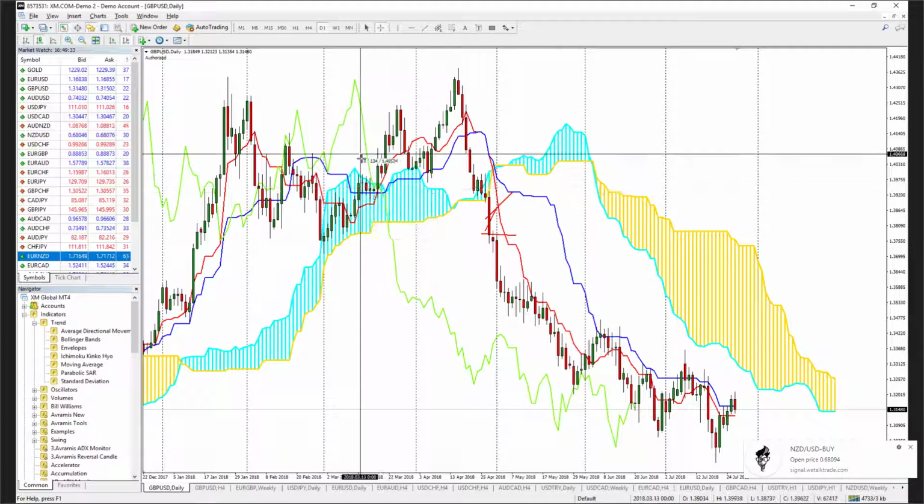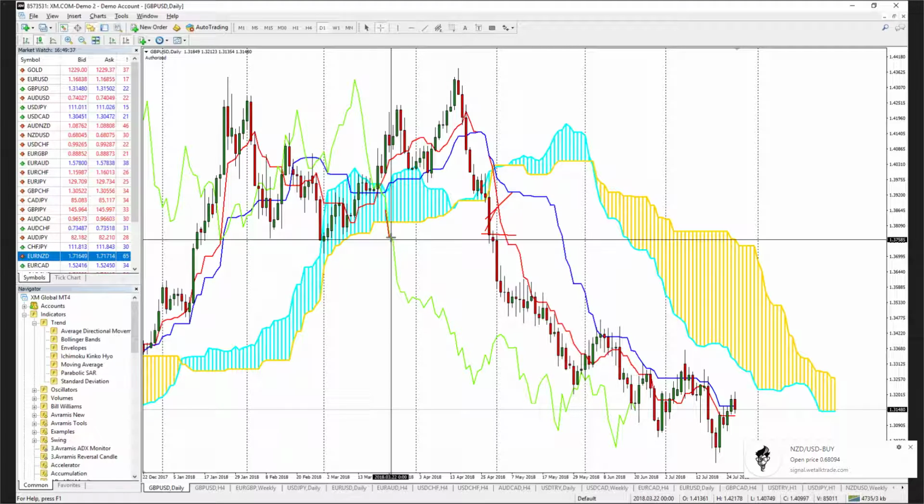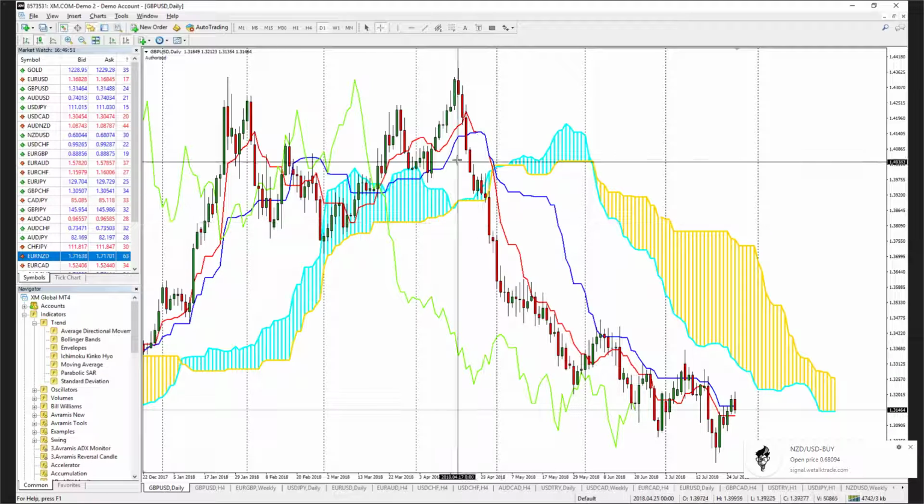Chikou span has crossed below the price, and Chikou span has also crossed below the Kumo. So by the time this candle closed, all the indications were bearish, correct? So maybe someone could have taken the entry as soon as we cross below the Kumo with all the indications bearish and go short.